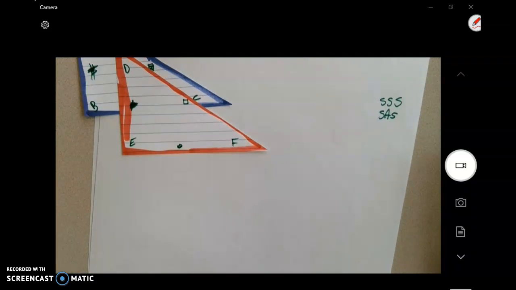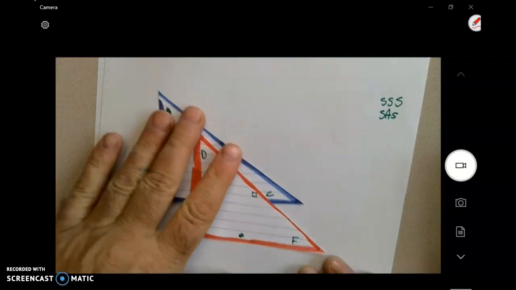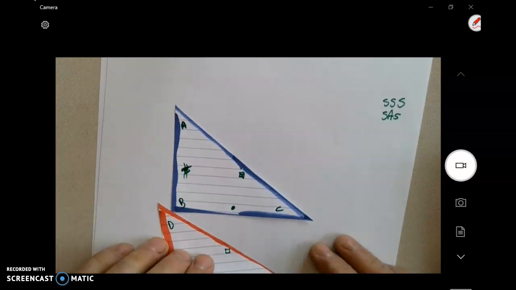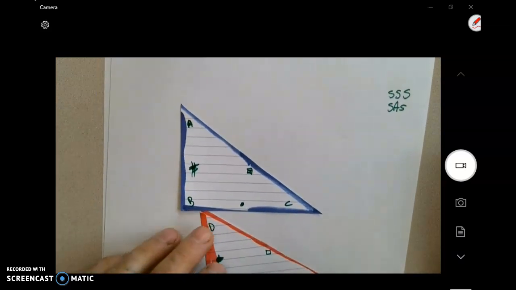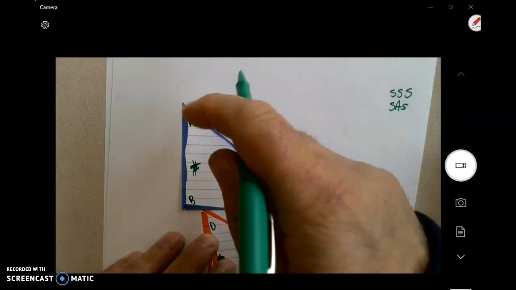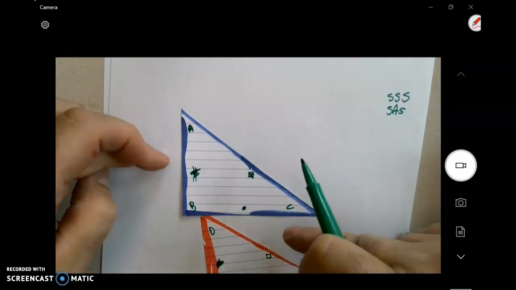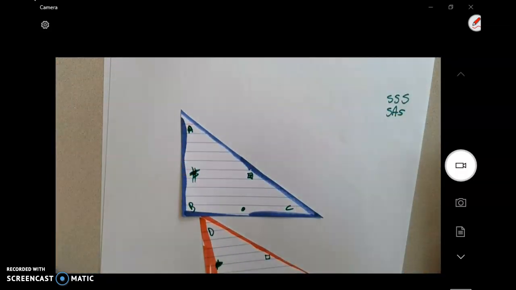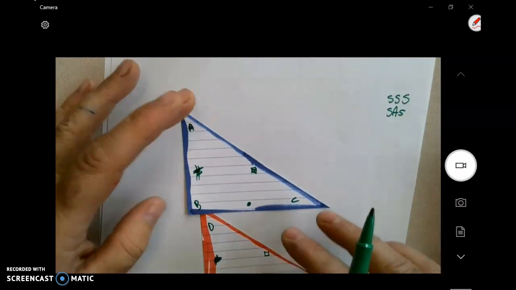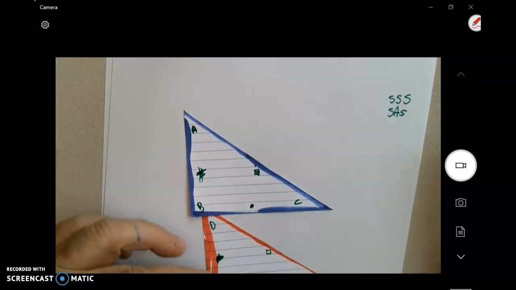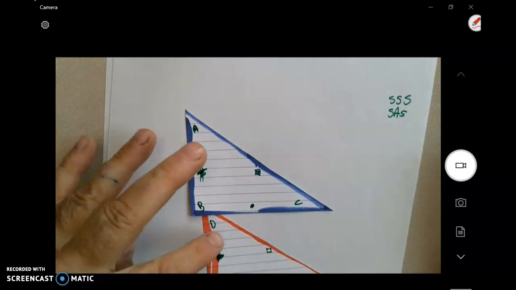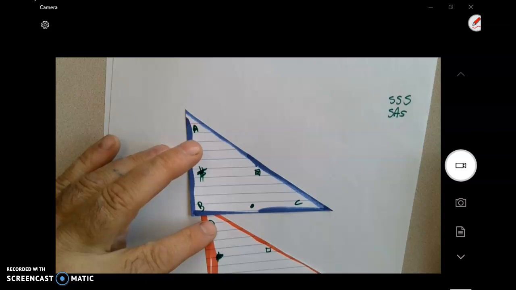All right. So then, let's talk about if I have two angles and the side between them. So let's say if I have this angle D and A are the same, and F and C are the same angles, and the side between them, box in this case, is the same as box. Could this angle over here or these sides be any different length?